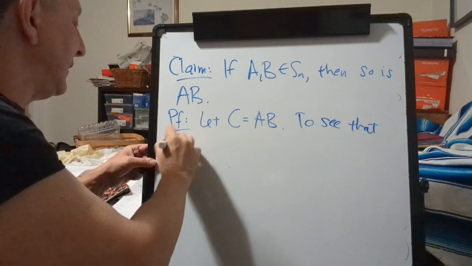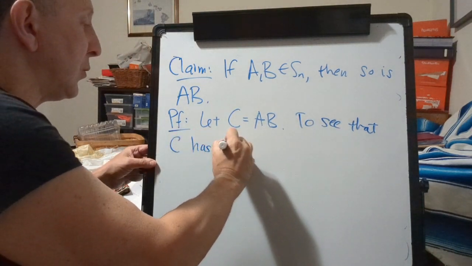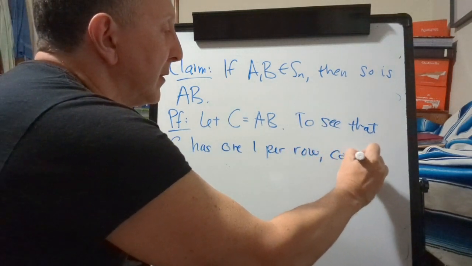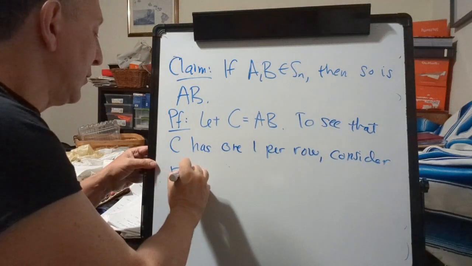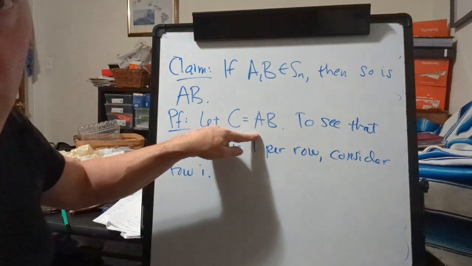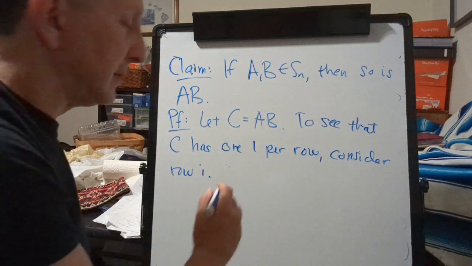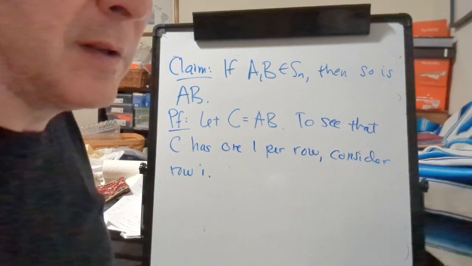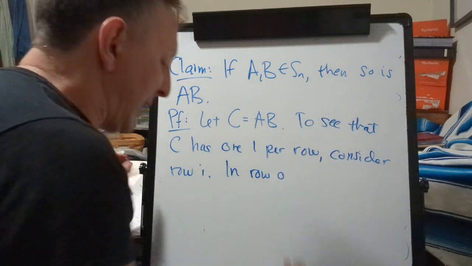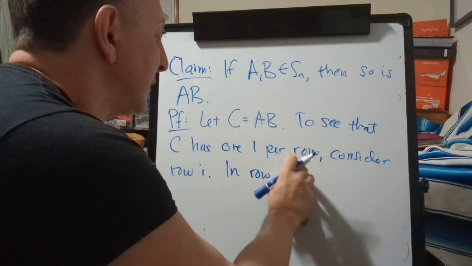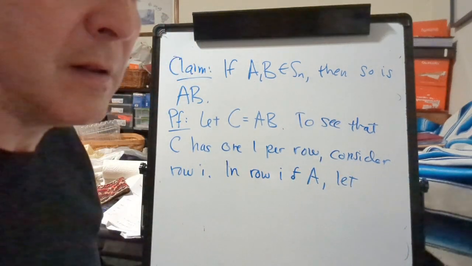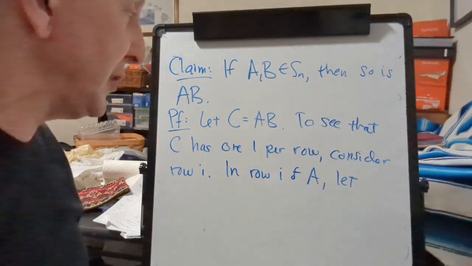So to see that C has one 1 per row, let's consider row I. Now row I of C comes from taking the dot product of row I of A with all the different columns of B. In row I of A, let's let K be the position of the unique 1.